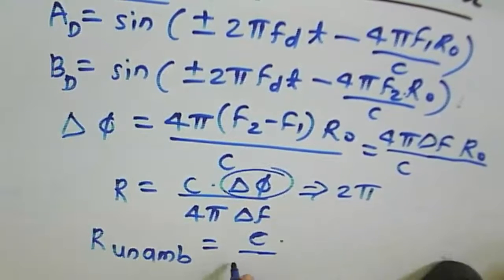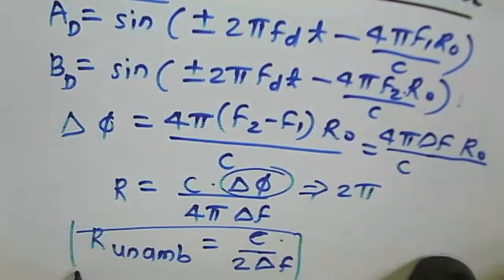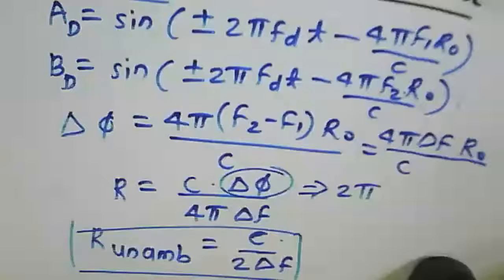So we are getting only the factor of 2 and this is del f. That is about the limit. So this way we can say the value of the maximum unambiguous range that will be defined for this multiple frequency CW radar.